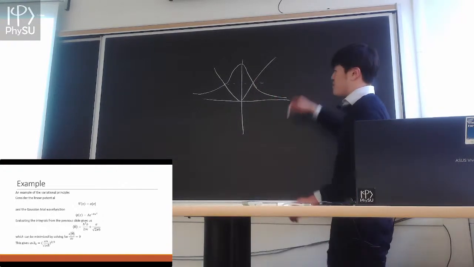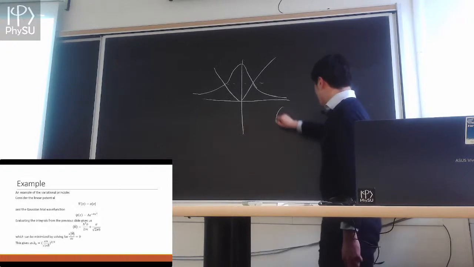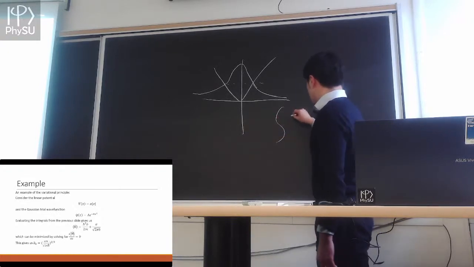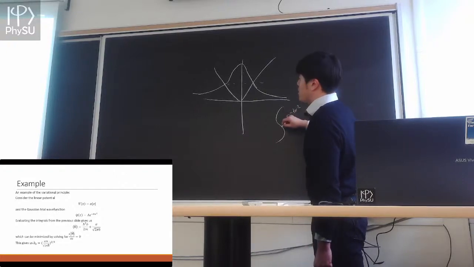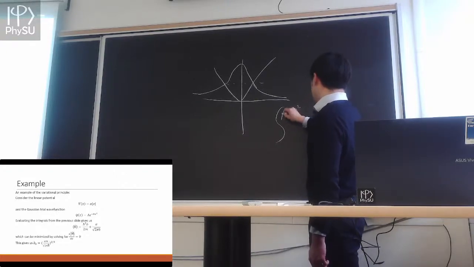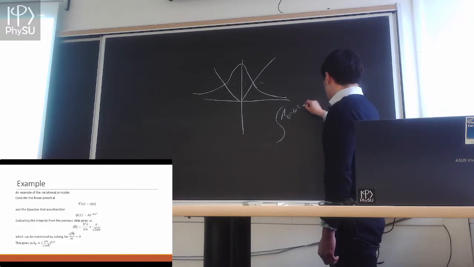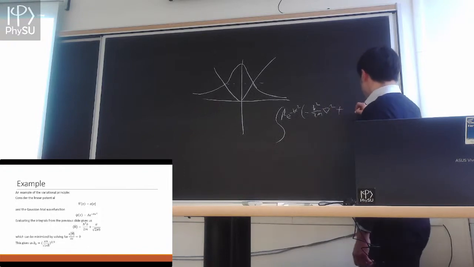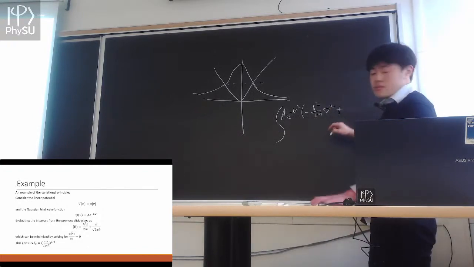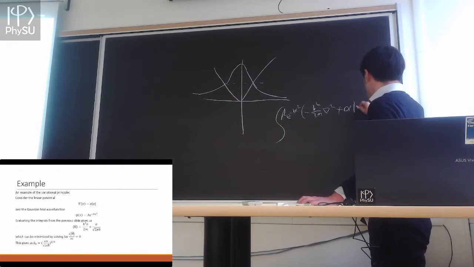I'm not going to do the full computation out, but essentially what you would be doing is you would take e to the minus b x squared, and then you have A, which is a normalization factor, times minus h bar squared over 2m nabla squared plus alpha x.